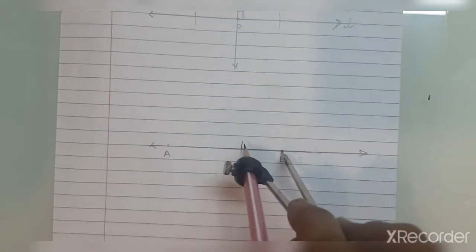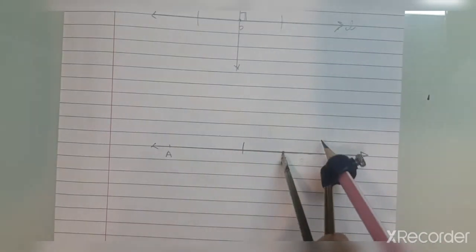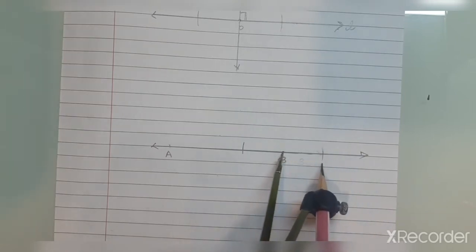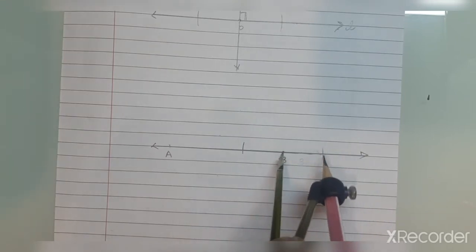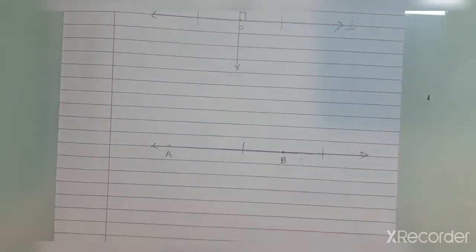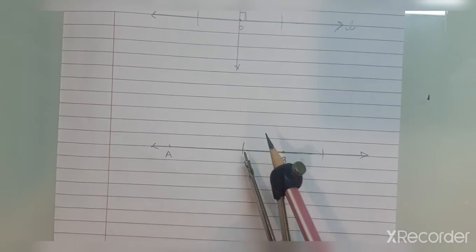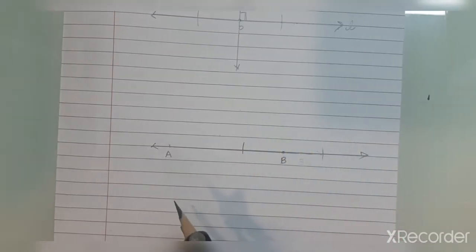You can see here, one, and I just move it to the other side without lifting it from B. I'm not lifting it from B, and I am making an arc on the other side also. The same distance I have used to make the arc on the left hand side and the right hand side.